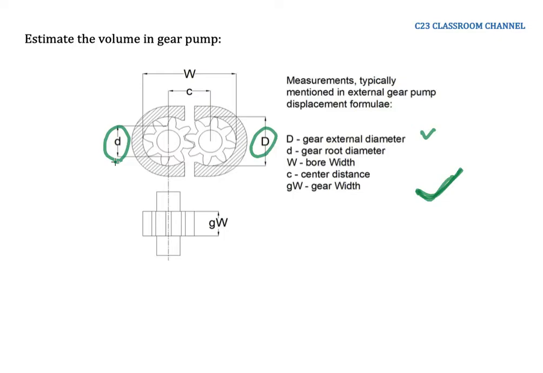We have W, the bore width, from here to here. Then we have the center distance, C, as shown here, and GW, the gear width, because we are going to calculate the volume. So we need to know the diameter and we also need to know the width of the gear.